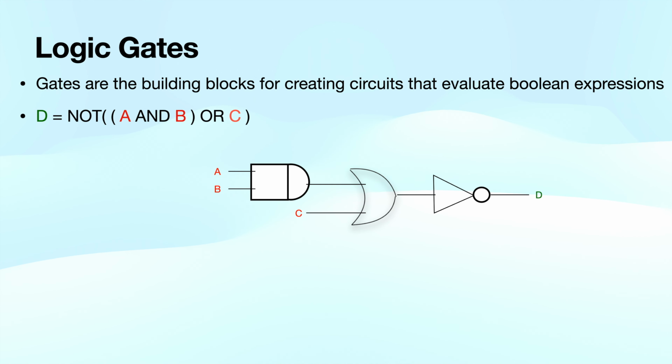This is important because gates are the building blocks for creating circuits that evaluate Boolean expressions. Think of a whole Boolean expression, like a whole bunch of these: not, and, not A and B or C. This expression can be evaluated using these circuits.